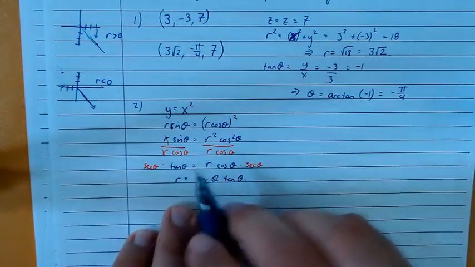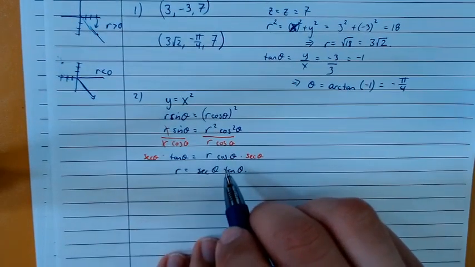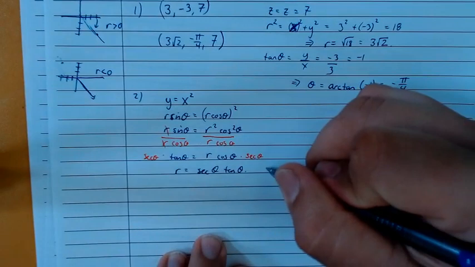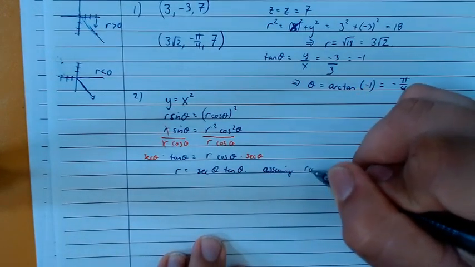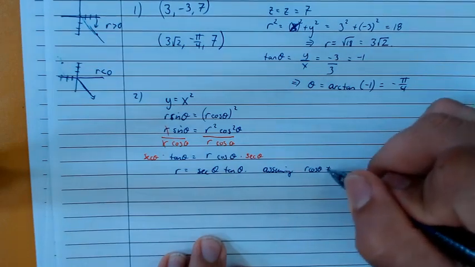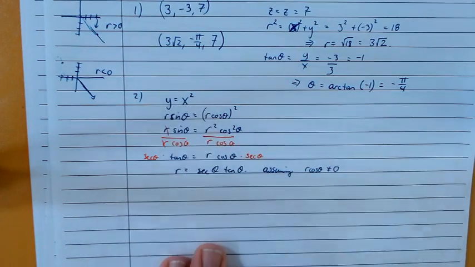Here, assuming that r cosine theta was never equal to 0. Or over here, basically, assuming that x was not 0.